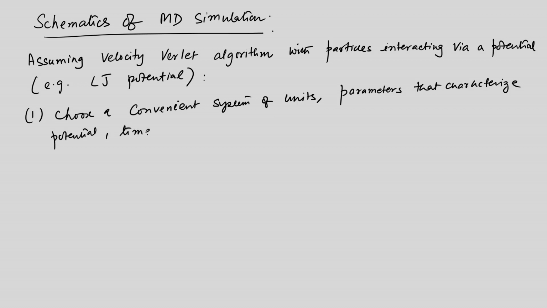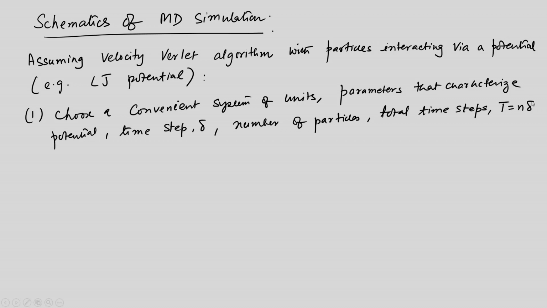Very importantly, the time step delta, which we have discussed at length in the previous discussion, and the number of particles, and the total time for which one wants the trajectory. So, total time steps, which could be written as t equal to say N delta, where delta is one time step, for which the computation needs to be done.